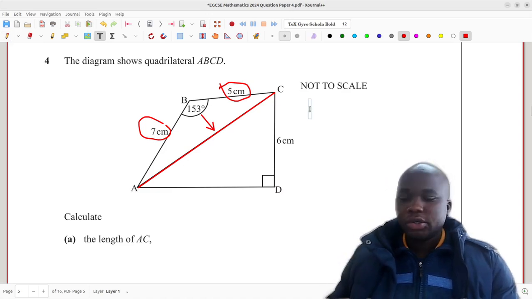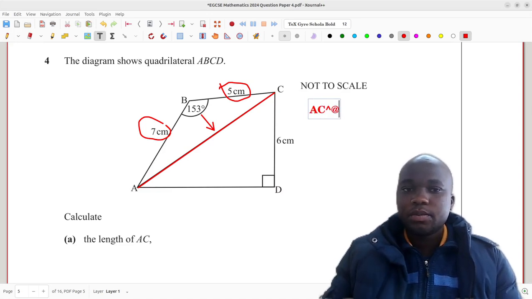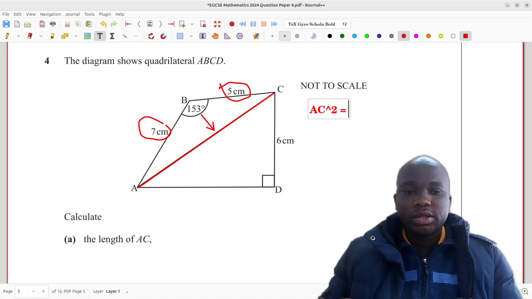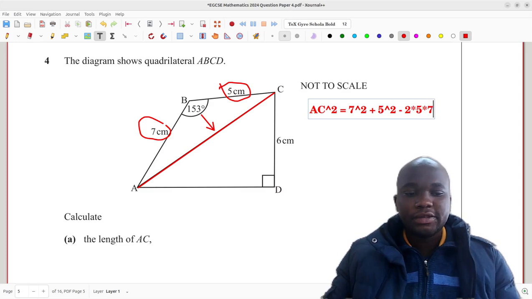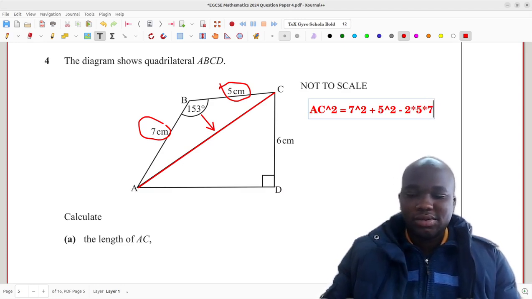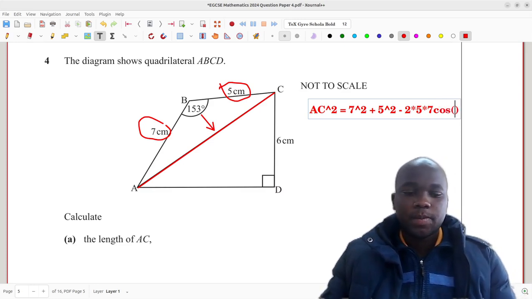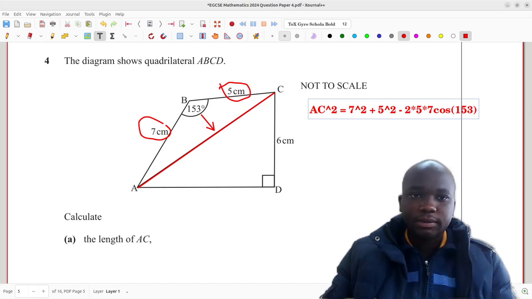So we are going to say AC squared, using capital letters, equals 7 squared plus 5 squared minus 2 times 5 times 7 cos 153.